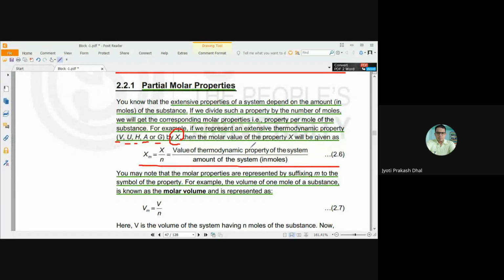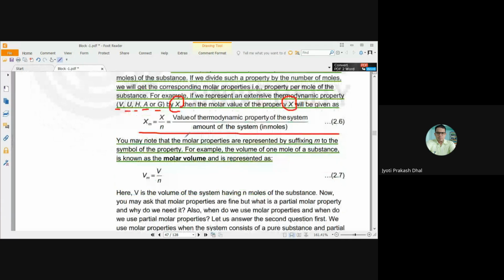The molar value will be represented as Xm equals X by n. X means the value of the thermodynamic property of the system, any extensive property like volume, internal energy, enthalpy, Helmholtz energy or Gibbs energy, divided by the amount of the system in number of moles.